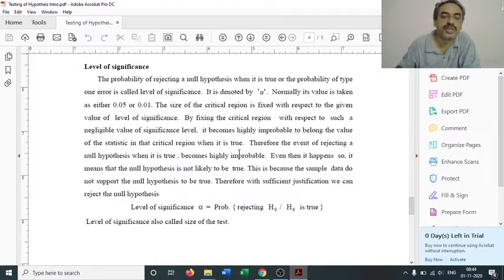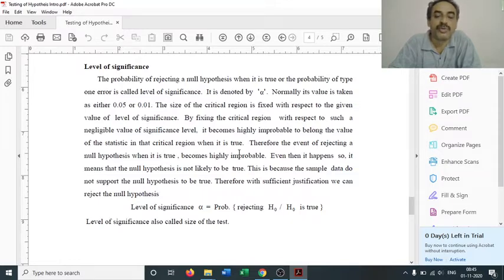Next is the level of significance. Level of significance is actually a probability. It is the probability of type 1 error. Type 1 error is the action of rejecting a true hypothesis. So the probability of committing that error is termed the level of significance.